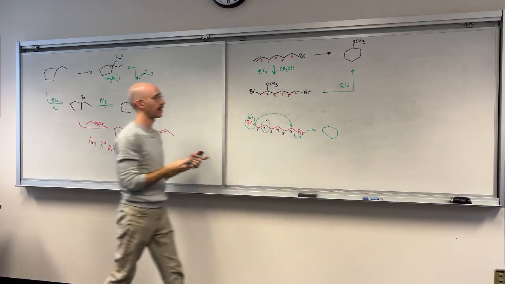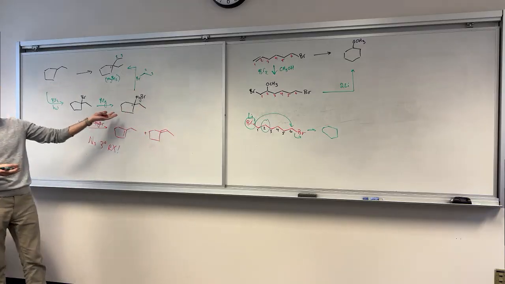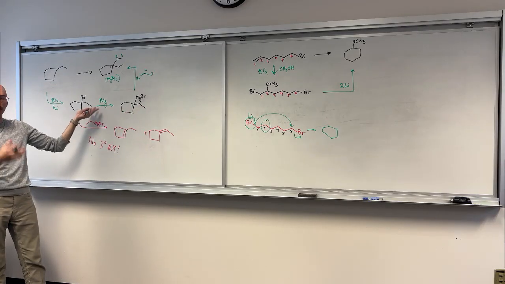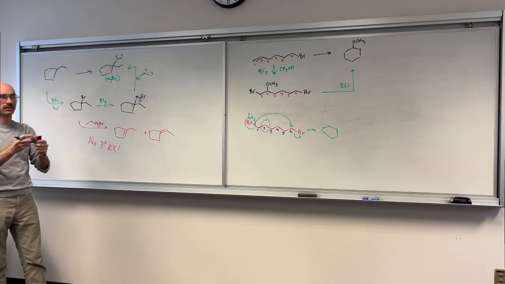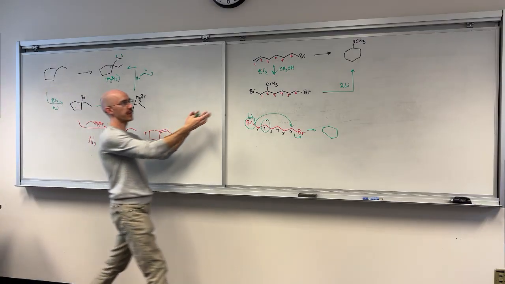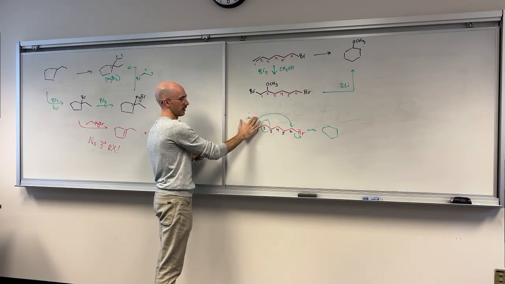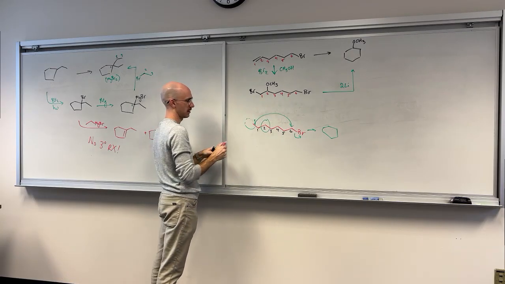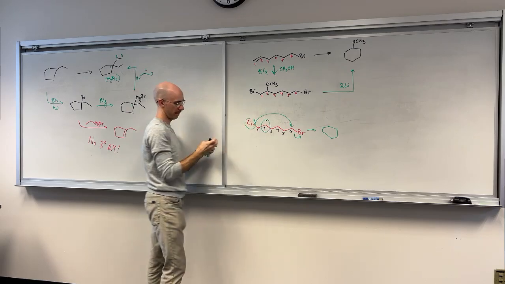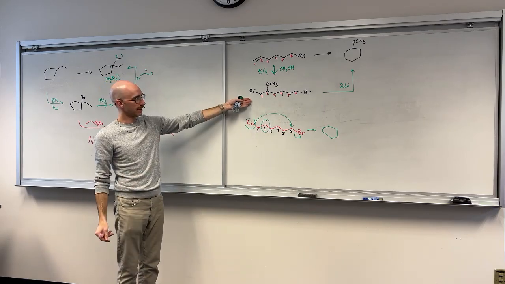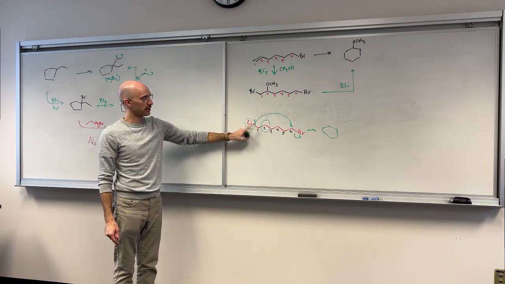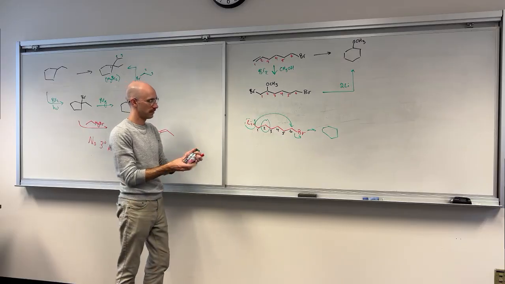I'm going to add 2 Li. Once again, I could be adding here just Mg. Those are totally equivalent. As soon as I make one of these carbons into the nucleophile, it's going to become this. I add lithium here, one of the carbons becomes the nucleophile.